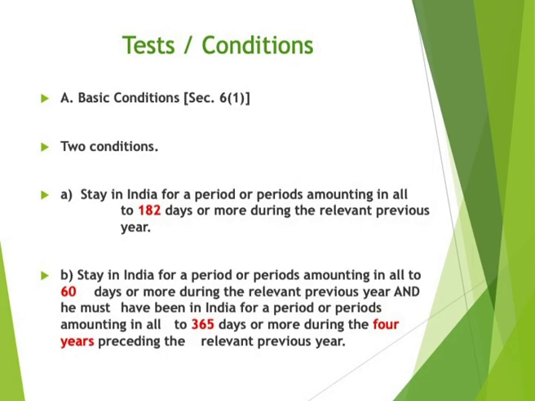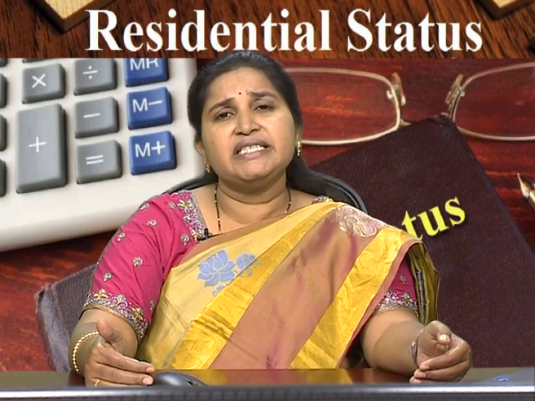The first basic condition is that the individual must stay 60 days, and 365 days out of the 4 relevant preceding previous years. For example, if our assessment year is 22-23, what will be our 4 preceding previous years? 21-22, 20-21, 19-20, 18-19.